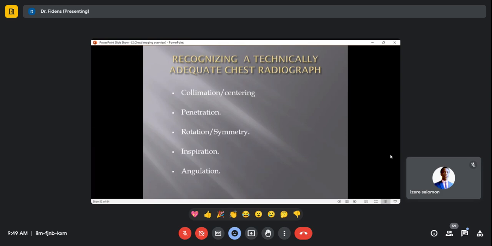You have to count the anterior ribs. There are at least 6 anterior ribs above the diaphragm, and posteriorly you have at least 9 ribs visible crossing the mid-clavicular line.